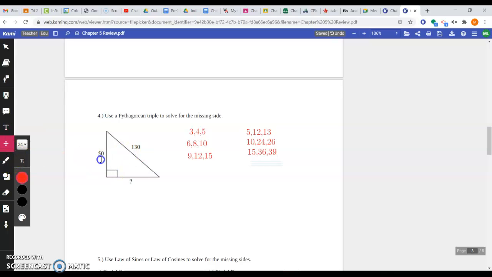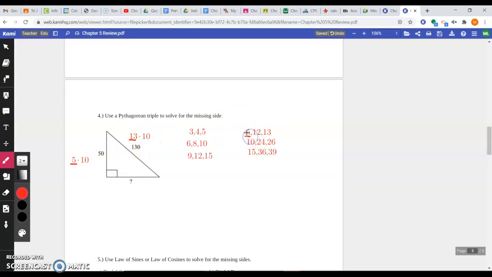And what I notice, and it takes a little bit to get better at noticing this pattern, is 50 is 5 times 10. I notice that 130 is 13 times 10, which leads me to believe that this is going to be a 5, 12, 13 Pythagorean triple. Because I see a 5 here, I see a 13 here, and they're getting multiplied by the same thing, which is 10.